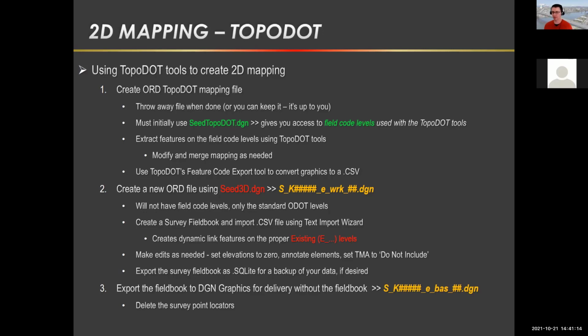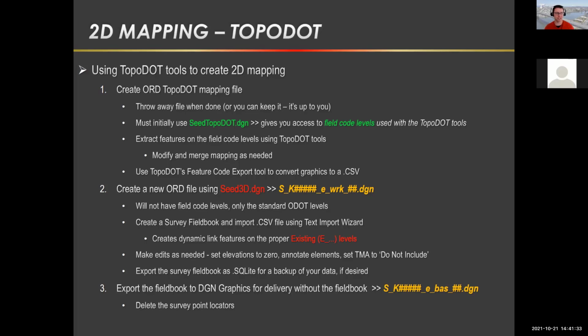And this can be a throwaway file when you're done. There's really no reason to keep it. You can keep it. If you're working in ProjectWise, you could store it with a number that's maybe higher, like 90, since typically we like to deliver our file numbers at the lower end, starting with 01.